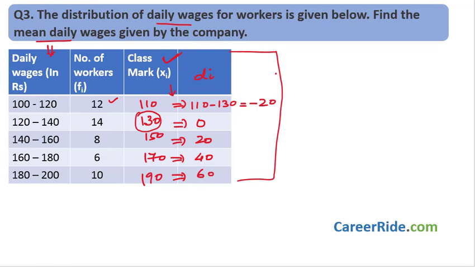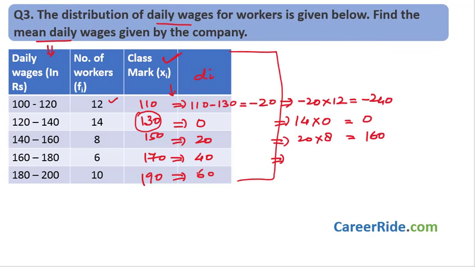What is the next thing that I have to do from here? I'll simply multiply my minus 20 into 12. This is equal to minus 240. The next thing is 14 into 0, which gives me 0. The next thing is 20 into 8, which is equal to 160. 40 into 6 is 240.